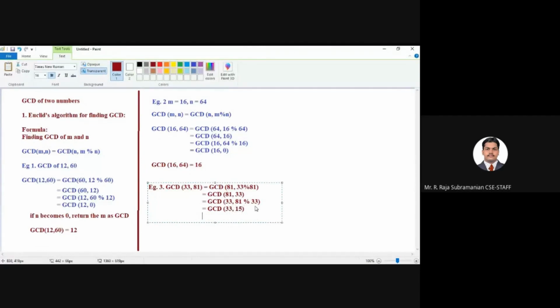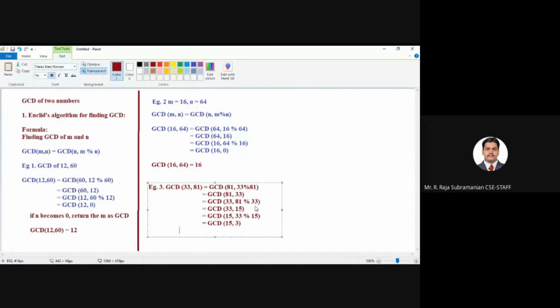Next, equal to GCD of 15 comma 33 mod 15. This is very easy. 15 ones are 15, 15 twos are 30, 15 threes are 45, so I should not go for 3. 15 into 2 is 30, so the remainder is 3. So 15 comma 3.